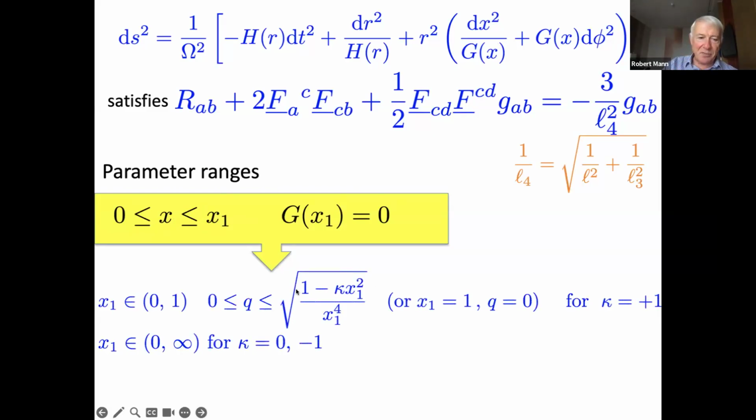What that has the effect of is it limits the magnitude of the charge on the black hole in terms of what x1 is. Or if there is no charge, x1 can go up to 1 when you have the spherical case. If you don't have the spherical case, then x1 can go from 0 to infinity. But if this is a spherical line element, then you have these restrictions.